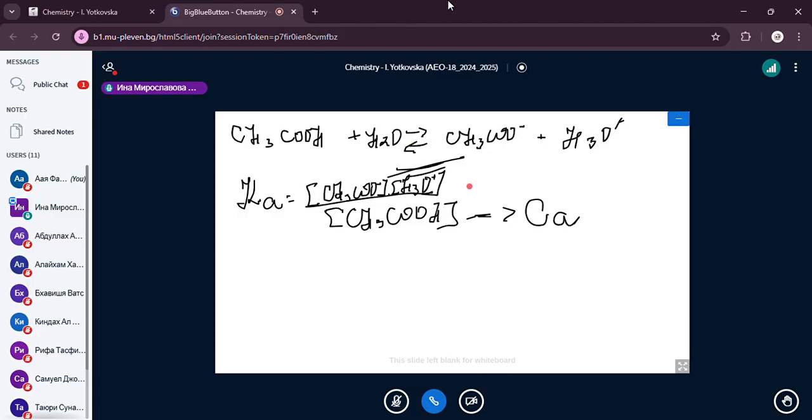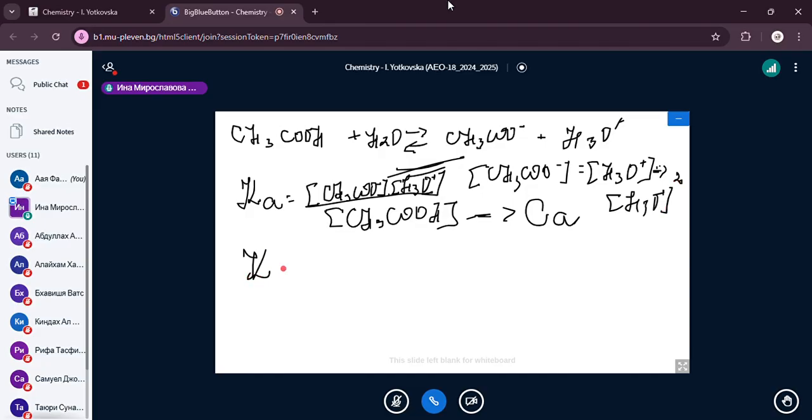And can we say that the concentration of the acetic anion is equal to the concentration of hydronium ion? Yeah, it's equal because every acetic anion is produced by donating a hydrogen ion to water, producing hydronium. So we can present it just with the concentration of hydronium raised to the power of 2.